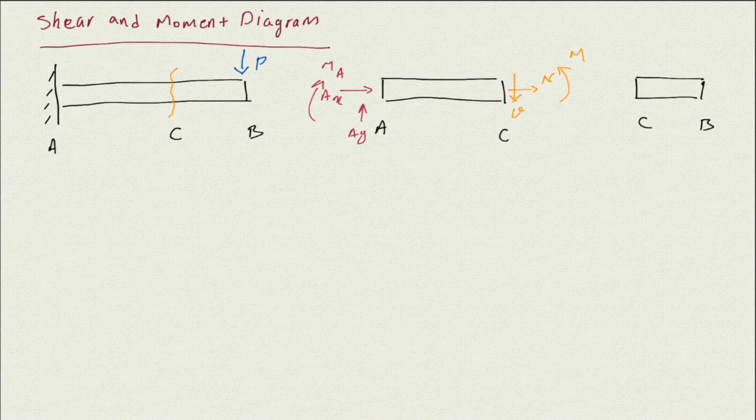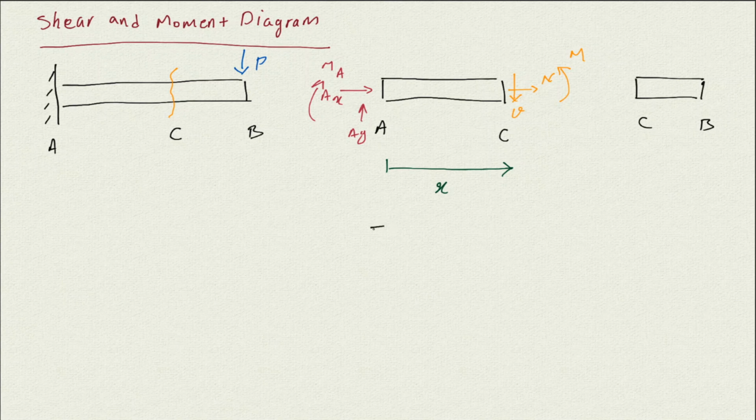So we have the support and we have the internal forces. In this case, the distance we are going to consider is the distance from the start to the section, and we will call it x. And in most cases, we are not going to worry about this CB section. We only worry about this part. And then we start to write the equilibrium equations for this section.